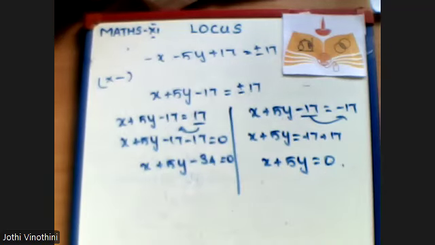So I hope you are all clear with this sum. If you have any queries, just kindly put them in the chat box so that we can solve it again. I will give you 1 more minute so that you can copy this down and we will move to the next sum.